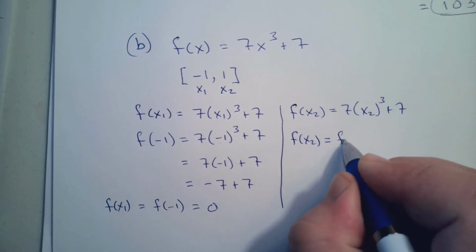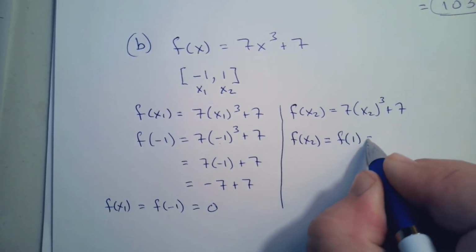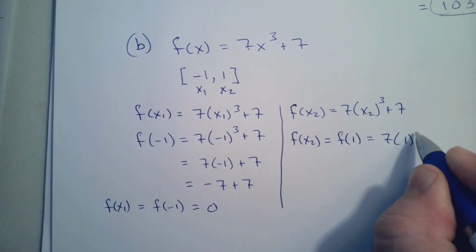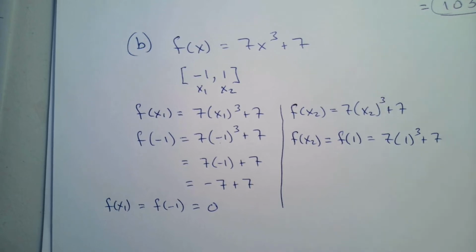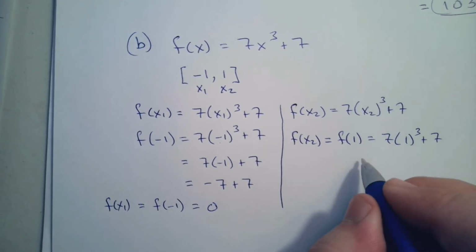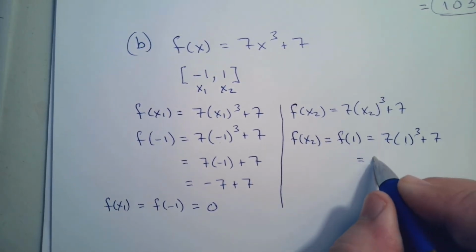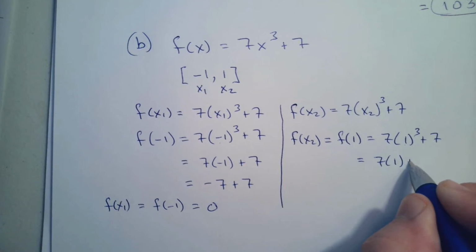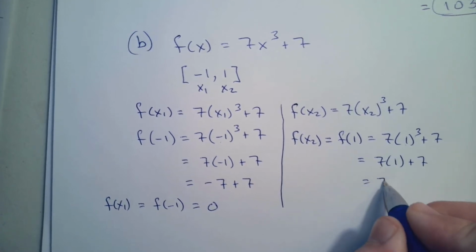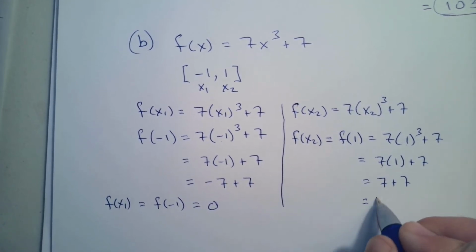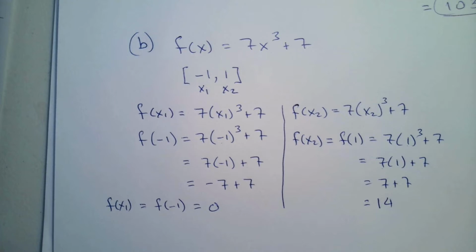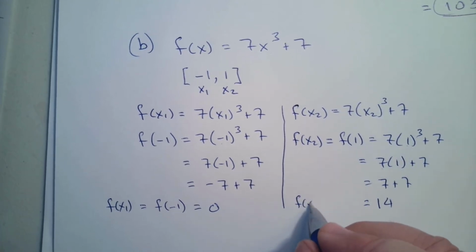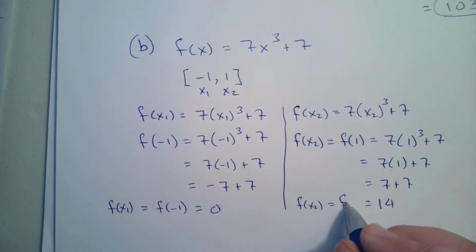f of x2 is f at 1, 7 times 1 cubed plus 7. 1 cubed is 1. 7 times 1 is 7, plus 7 is 14. So that's f of x2, which is f of 1.